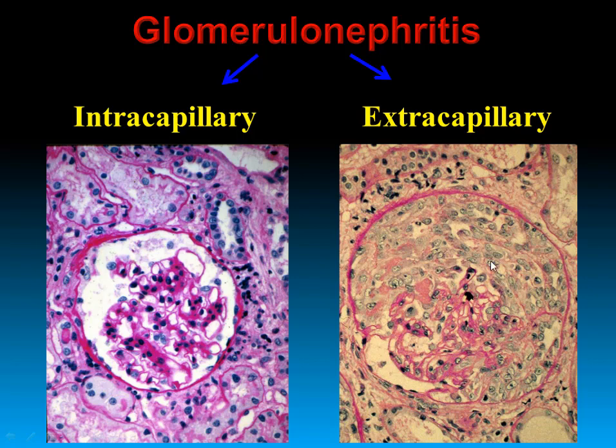In case of extracapillary glomerulonephritis, the damage of the glomerulus starts from the lumen of Bowman capsule. Inflammatory cells and other cells accumulate in the Bowman capsule, leading to compression and damage to capillary loops of the glomerulus, and after that a possible outcome is glomerulosclerosis.